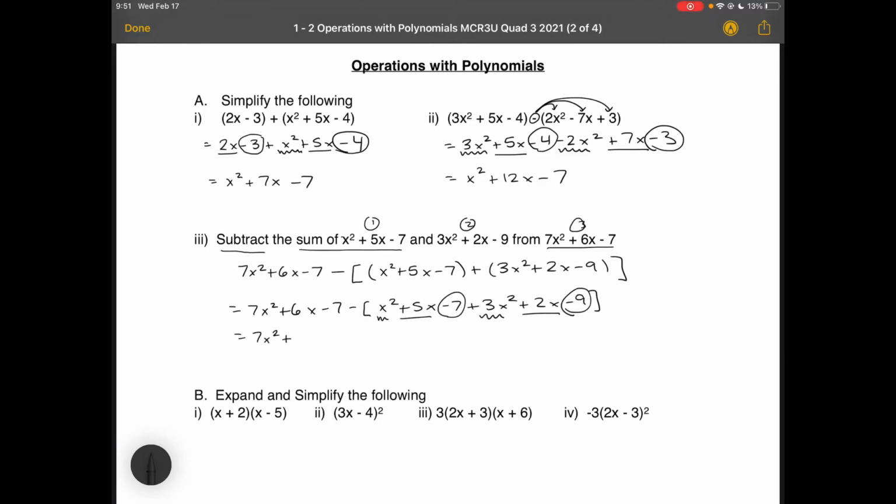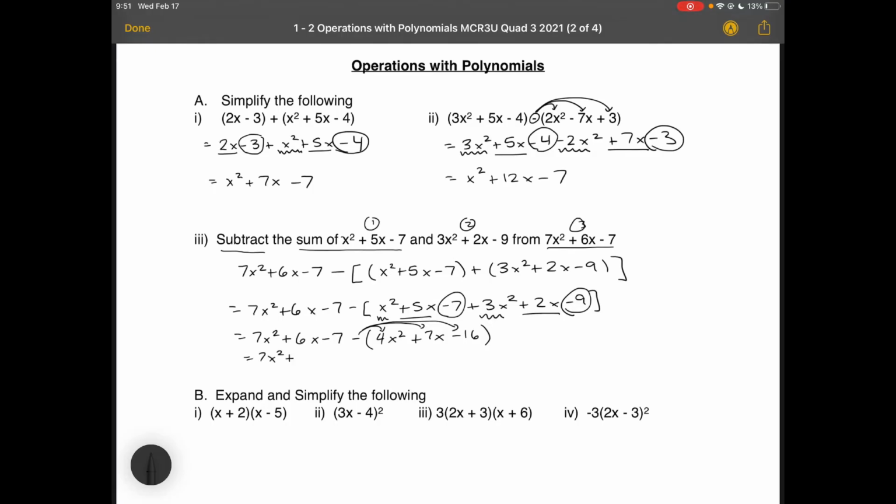So now my question is 7x squared plus 6x minus 7 minus 4x squared plus 7x minus 16. Just like in example 2, my negative sign applies to all three terms in that bracket.